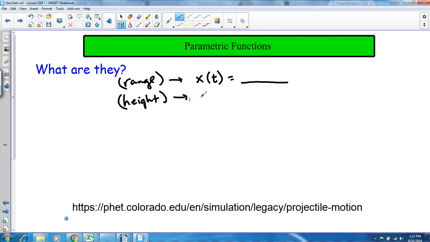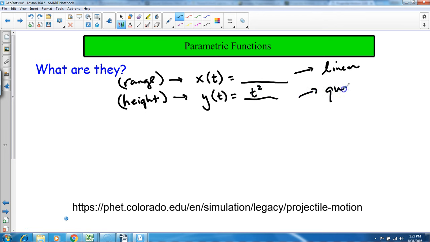It's still dependent on time, but that height, y of t, is completely dependent upon how much time has elapsed. While the x function is actually going to be linear, the parent function for this particular thing is going to be t squared, and obviously it'll change.